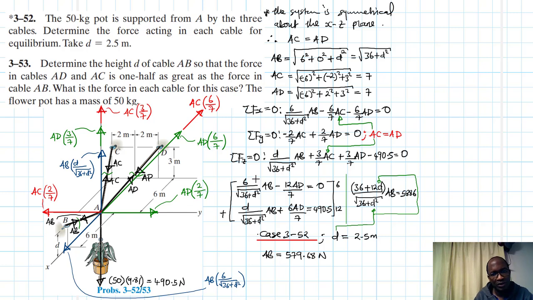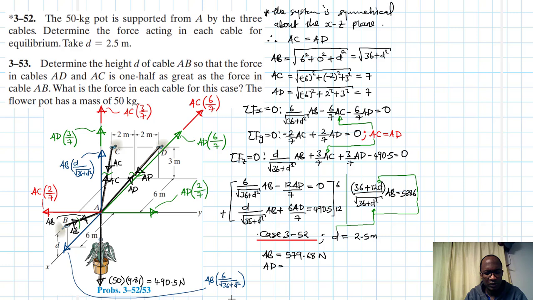So we are going to use this equation to find AD. So let's find what AD is. AD therefore is just going to be equal to, let's plug in the values. So I have root of 36 plus 2.5 squared, which is just 6.5. So 6 divided by 6.5 times AB, which is 579.68.